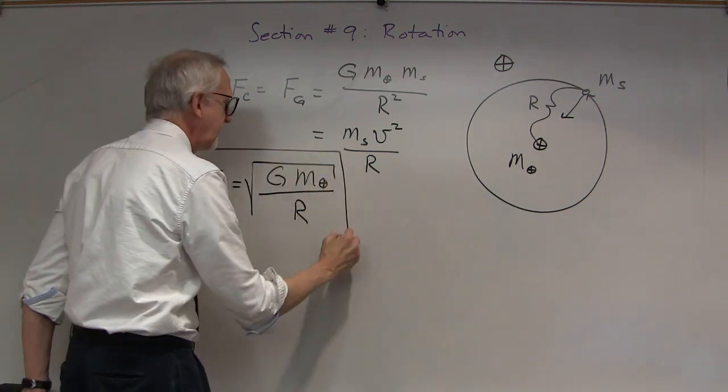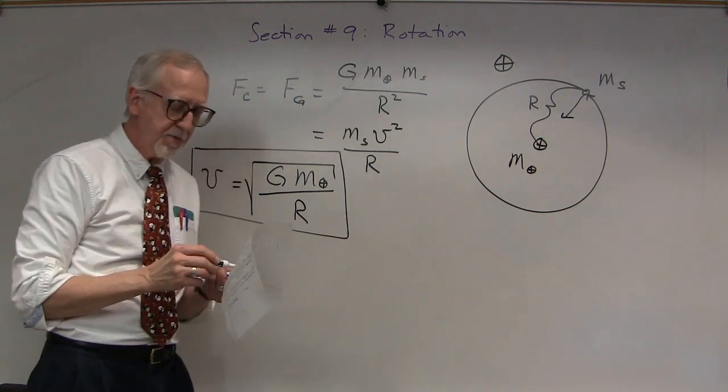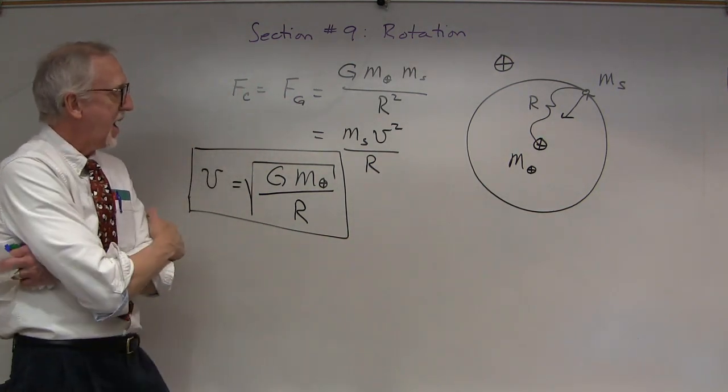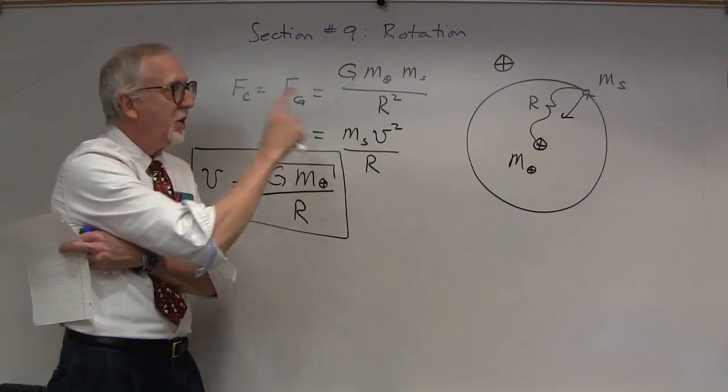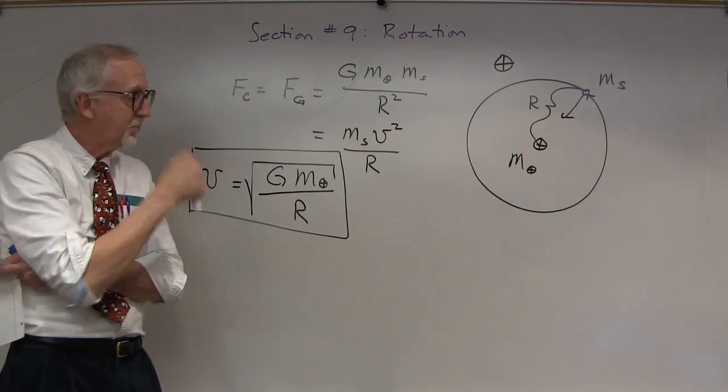That is the velocity of the satellite, or I should say the speed, the magnitude of the velocity, that it must have in order to maintain uniform circular motion, in other words, for it to go around in a circle at a constant speed.